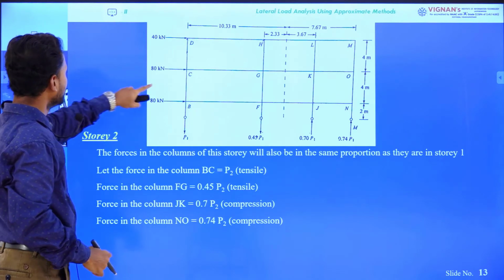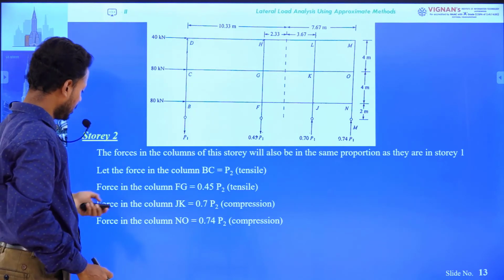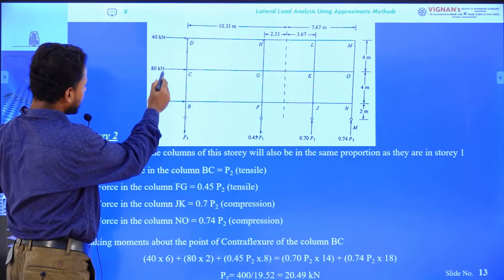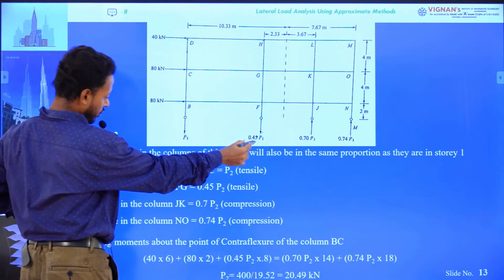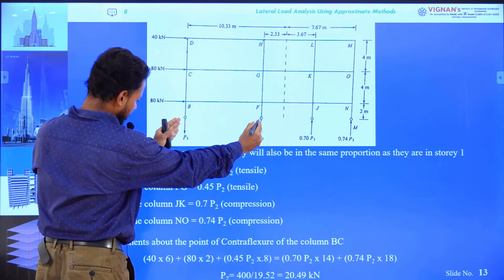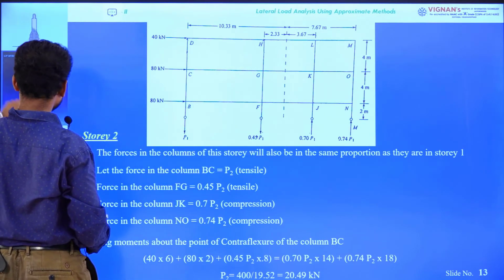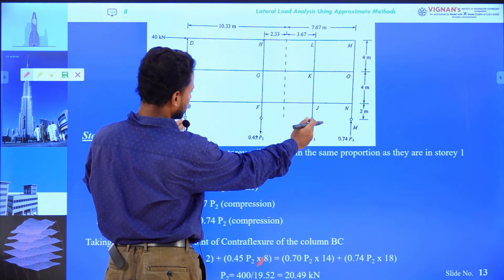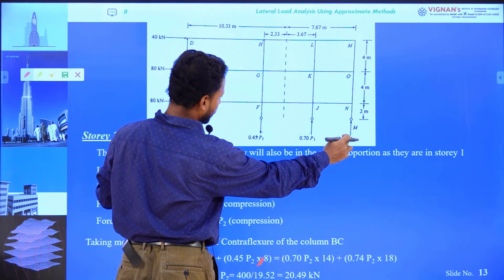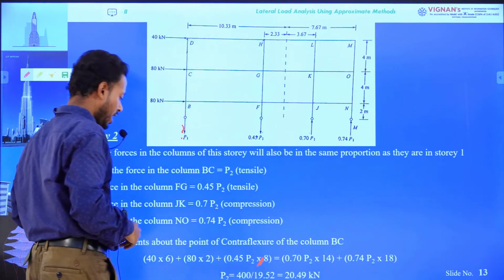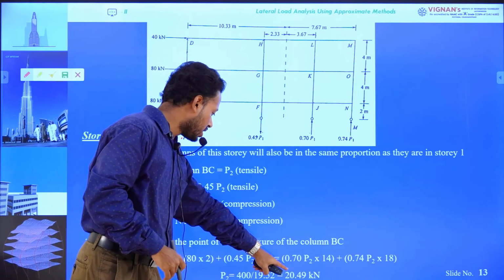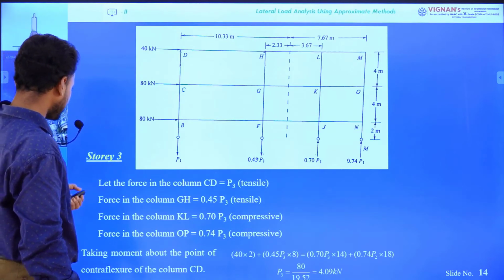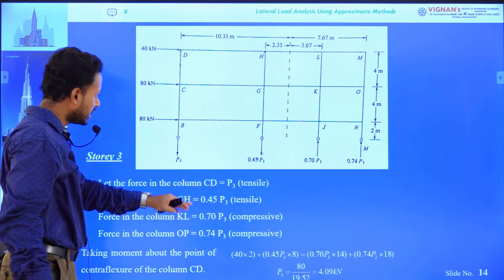So taking moment about this point, that is the point of contraflexure of BC, we will have 40 into 6, this distance, 80 into 2, that is this distance, plus 0.45 P1 into this distance, that is 8, equals 0.7 P1 into this distance, that is 14, plus 0.74 P1 into this distance, that is 18, right. So we have P2 we calculated 20.49.